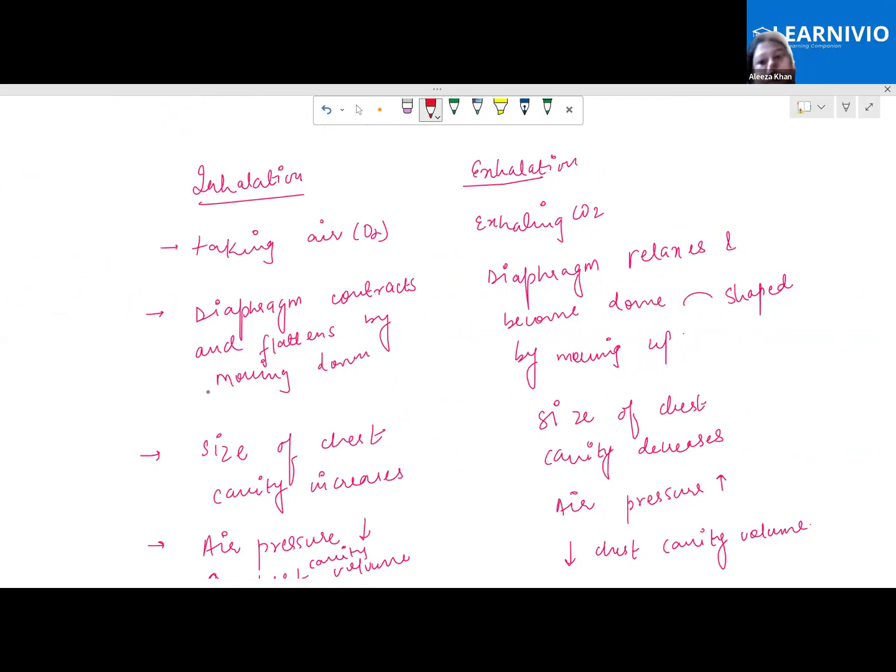For exhalation, second point: the diaphragm relaxes and becomes dome shaped by moving up.